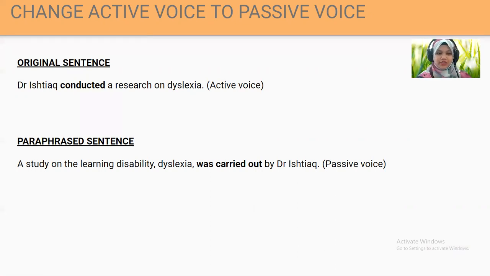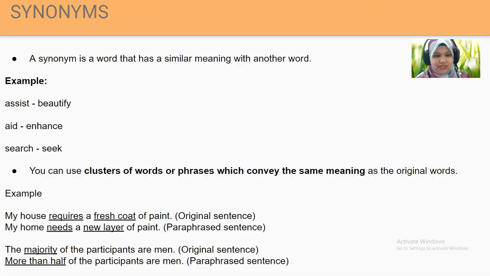So when you paraphrase: a study on learning disability, dyslexia, was carried out by Dr. Ishtiaq, which is you put the subject towards the end. So was carried out is the keyword for passive voice, which is you need to change the verb. Was carried out, for example, was helped by someone. So this is one of the strategies.